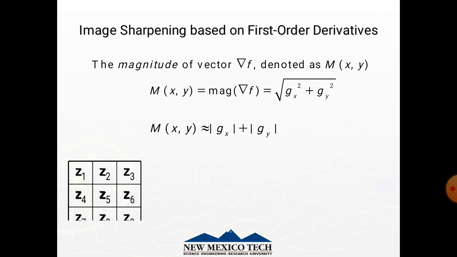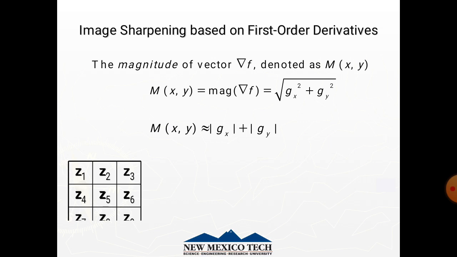As in the case of the Laplacian, the isotropic properties of the discrete gradient defined in the following paragraph are preserved only for a limited number of rotational increments that depend on the filter mask used to approximate the derivatives.